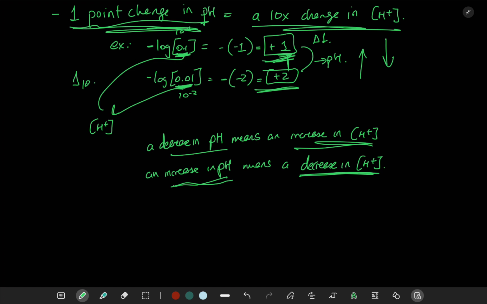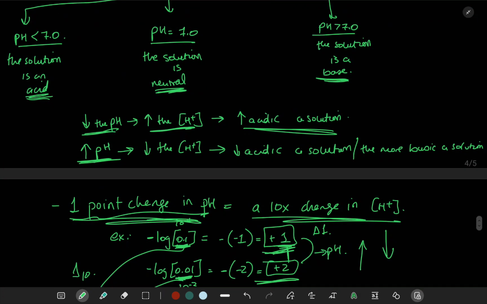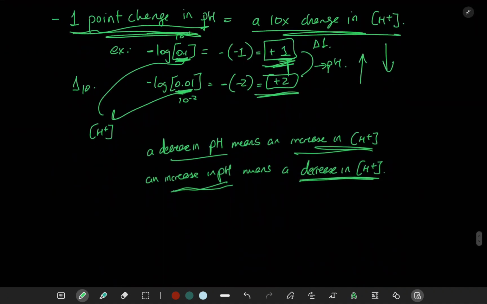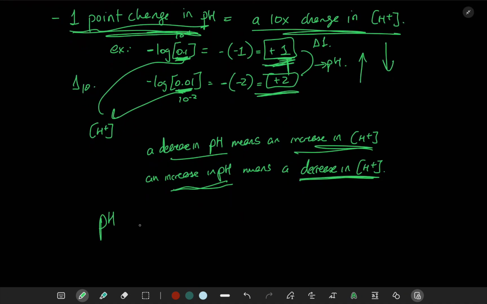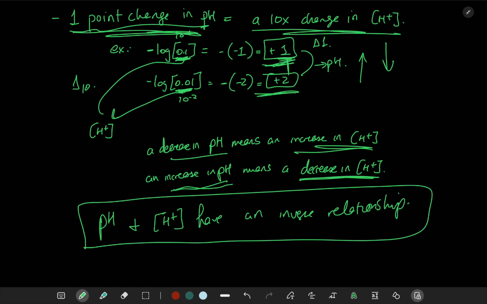So these relationships are inverse: a decrease in pH means an increase in hydrogen ions, and a low pH means you have high hydrogen ions in solution, and vice versa. Ultimately, pH and hydrogen ion concentration have an inverse relationship. So that's very important to know.